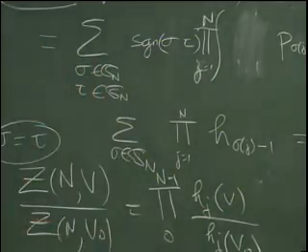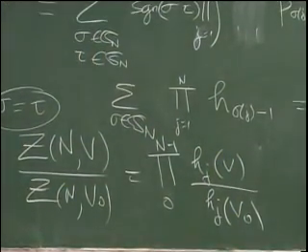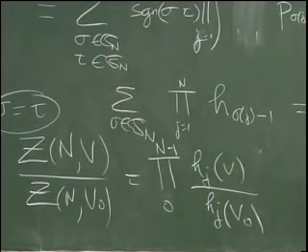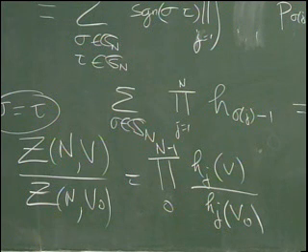So I just have to compute these norms, and I will be done. I will have an explicit formula for my partition function. Okay? So now I have to compute the norms for you. So that would be step 4.